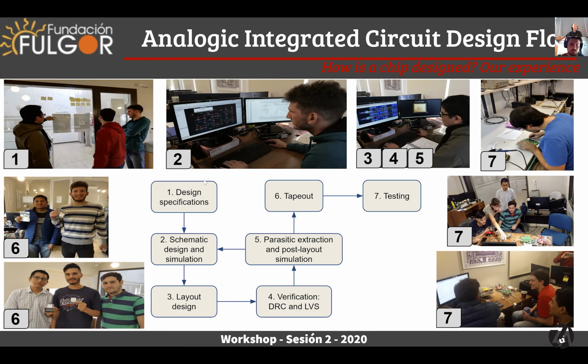So we begin with the design specifications. In our case, for an op-amp, we have the gain that we want, the bandwidth, the phase margin, or the noise level, and other specifications.